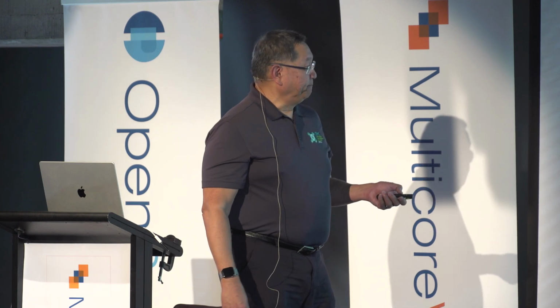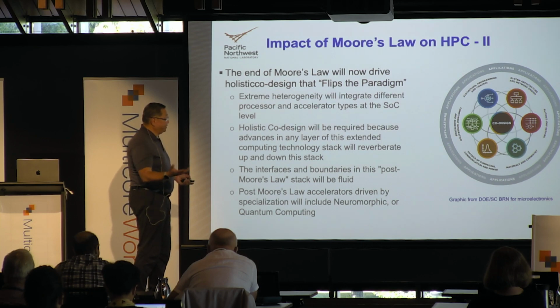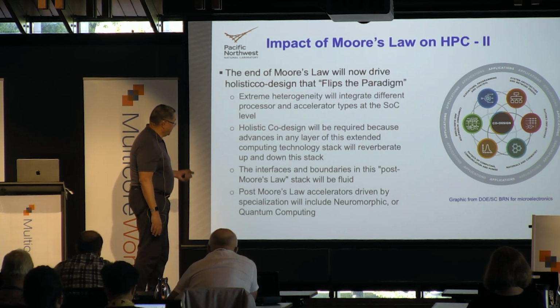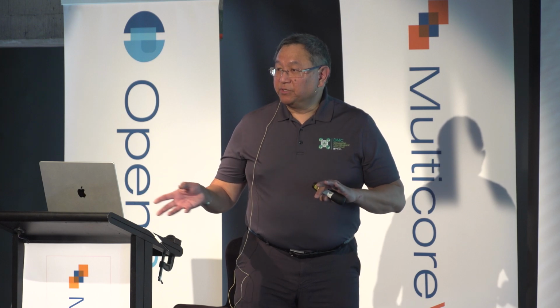So ultimately, this is really this notion that we're seeing definitely in quantum computing, that the interfaces and boundaries in this post-Moore's stack are fluid. And in fact, the definition of those interfaces, I would argue, is really one of the goals of co-design when you're working in a new space like this.